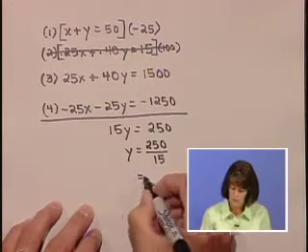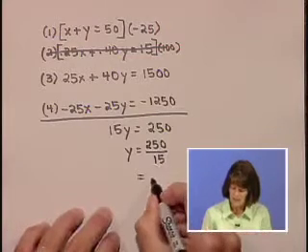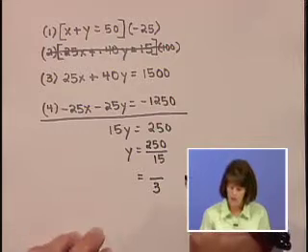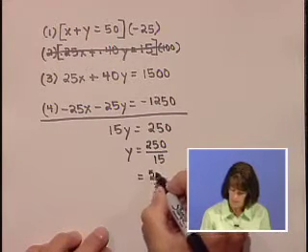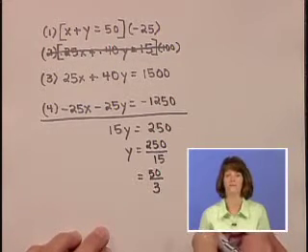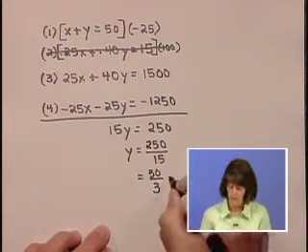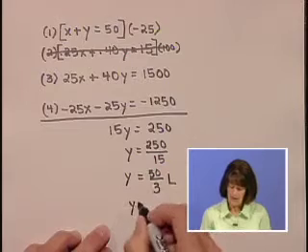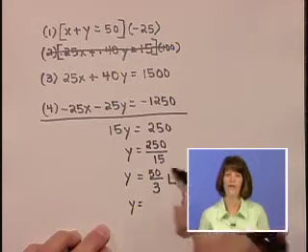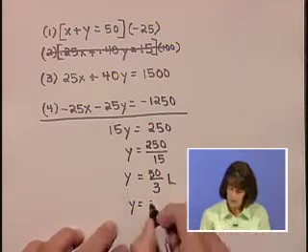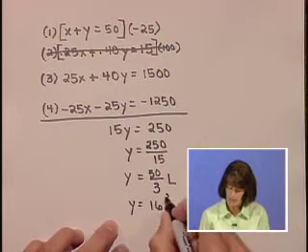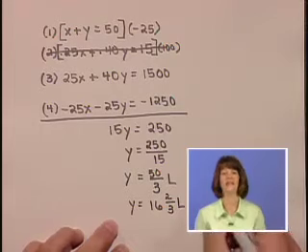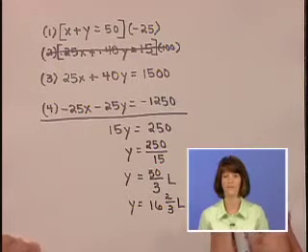If we reduce, 5 goes into 15 3 times. 5 goes into 250 50 times. So we can write this as 50 thirds liters. Or if you want to see that in its mixed form, we can divide 3 into 50. That goes 16 times with 2 left over. So we can also write that as 16 2/3 liters.